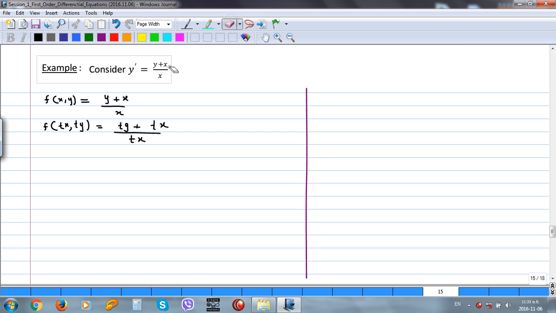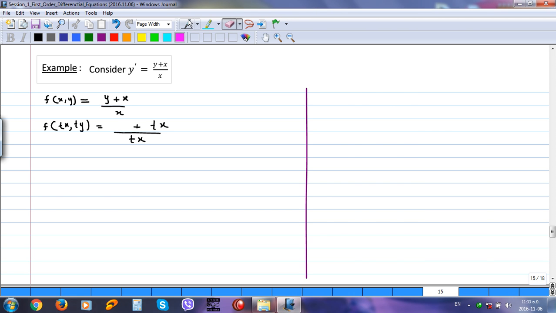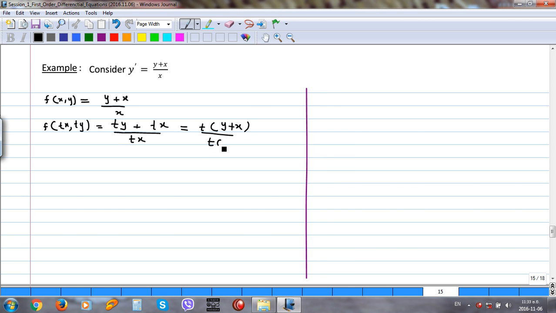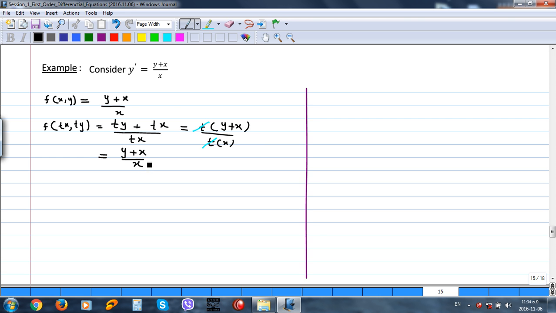Here t is common, so (y + x) / x after cancelling t and t.